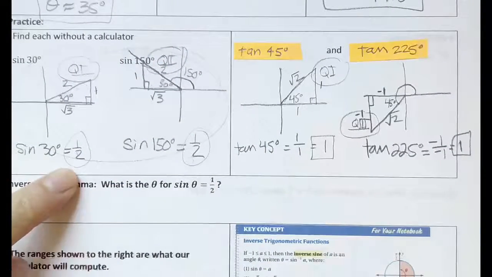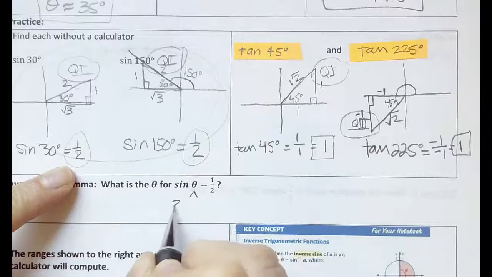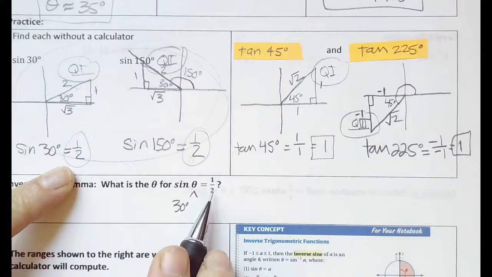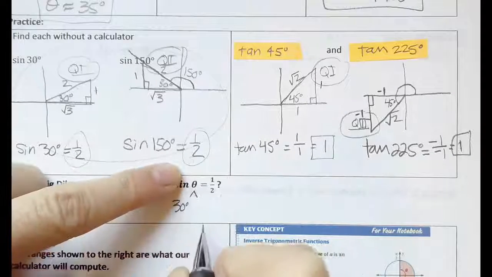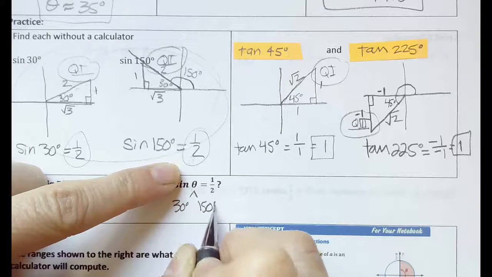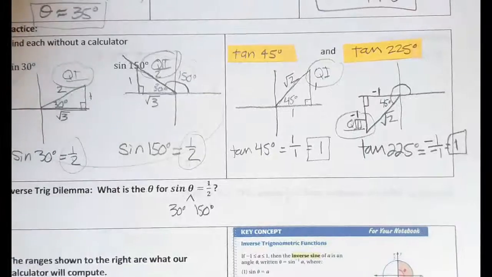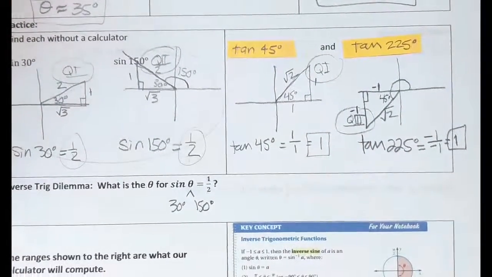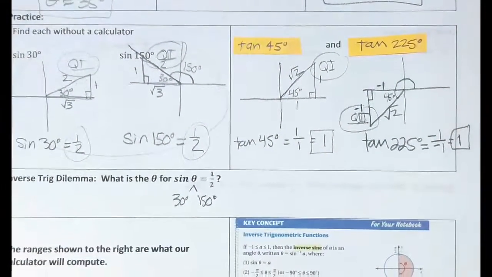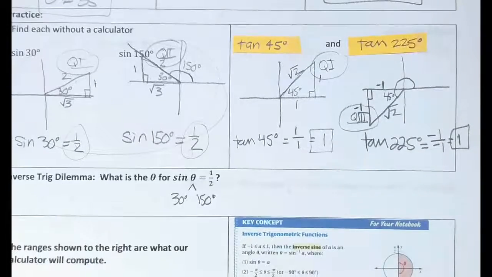The problem is that a 30-degree angle gives us 1/2, and a 150-degree angle also gives us 1/2. So how do I know which answer to give? Or should I always give them both? The answer is we're only going to give one answer, the right one, the 30 degrees and not the 150.